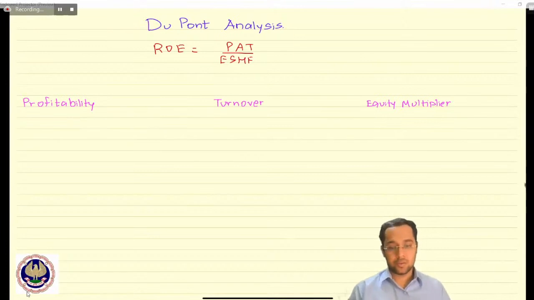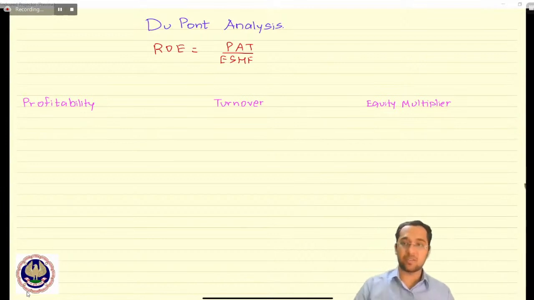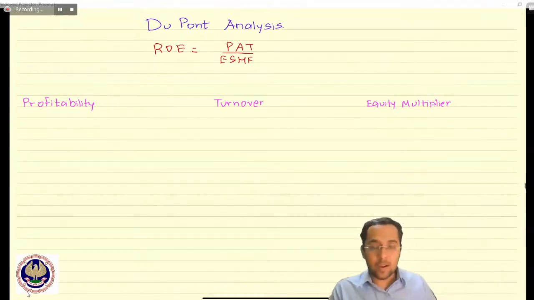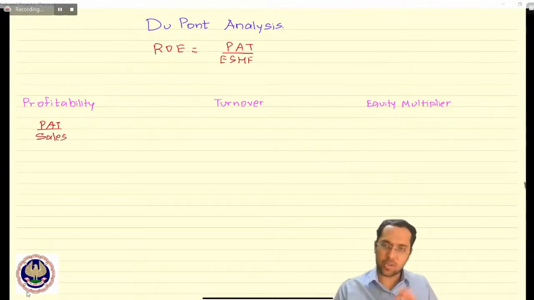So talking about DuPont analysis, the return on equity, that is profit after tax upon equity shareholders funds, as I told you, is a function of three parameters. One is profitability, how much profit you are generating on each sale, then turnover, and then equity multiplier. Profitability is indicated as PAT upon sales. So this is our net profit ratio. Yes, definitely you're correct.